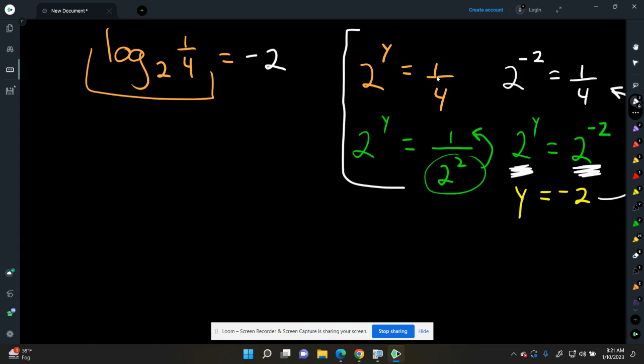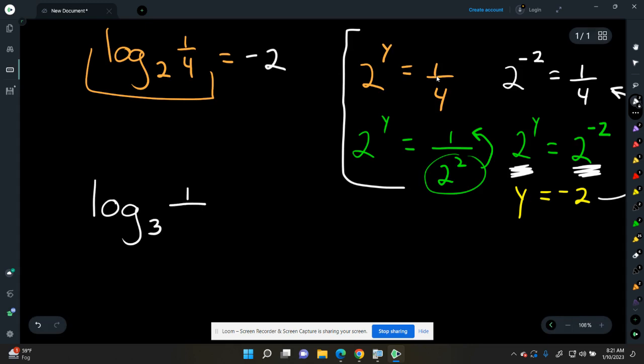Okay, let's do another one. How about log base 3 of 1 over 81? I'm going to give you a moment to try and think that through.